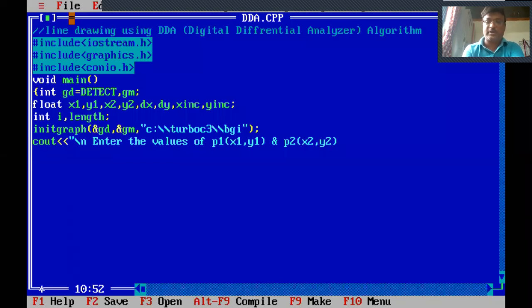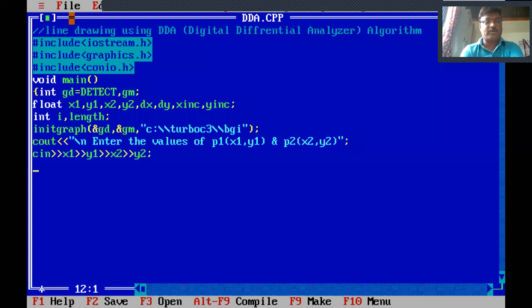So these are the values you read from the user. So cin x1, y1, x2, y2, correct.